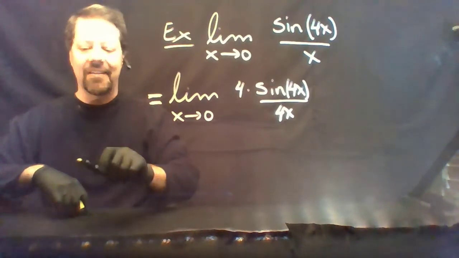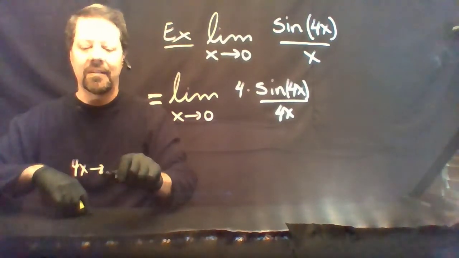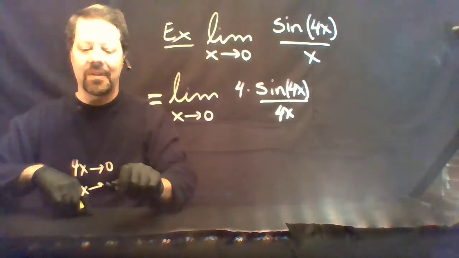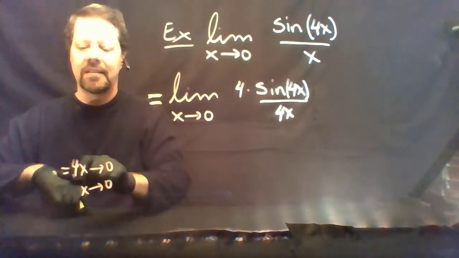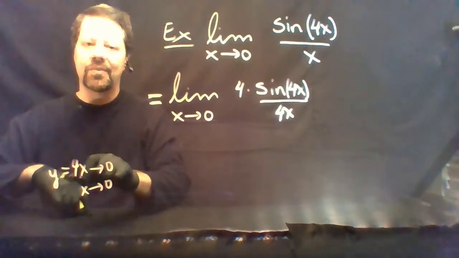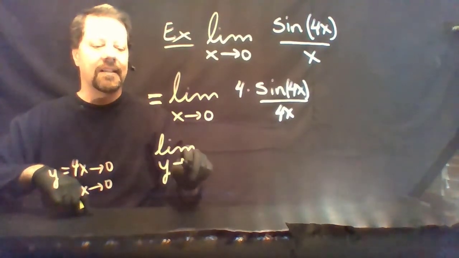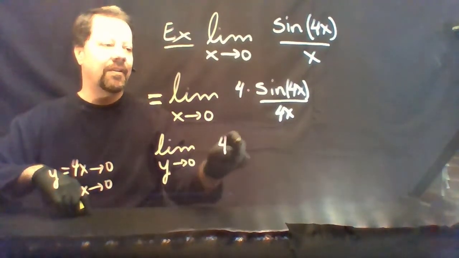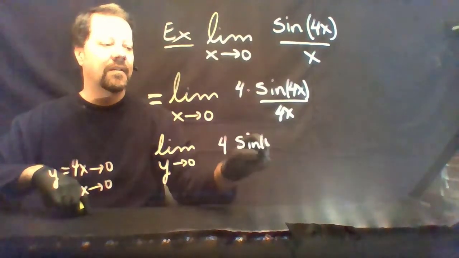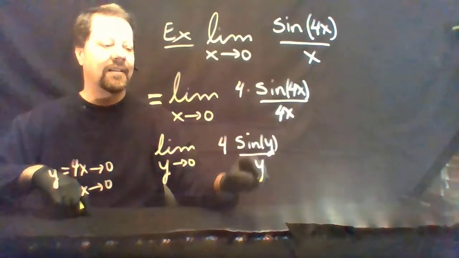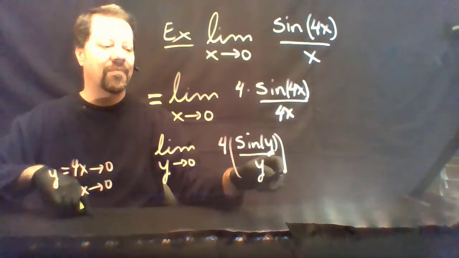You can see now that as 4x goes to 0, x will also go to 0. Let's replace 4x with y. We'll have the following. The limit as y goes to 0 of 4 times the sine of y divided by y.